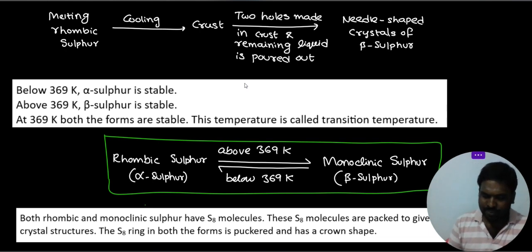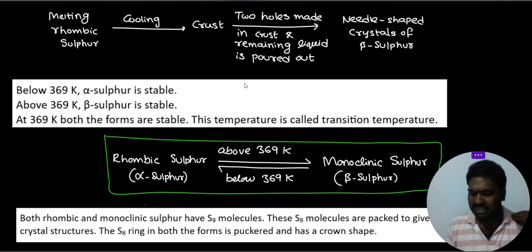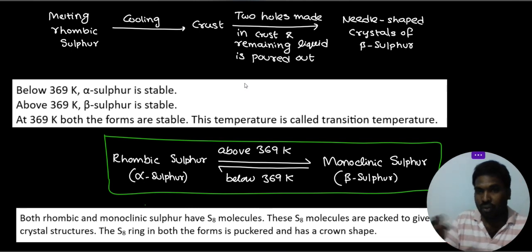Just observe here, rhombic sulfur is in equilibrium with monoclinic sulfur. Rhombic sulfur means alpha sulfur, monoclinic sulfur means beta sulfur. Now just observe, above 369 the forward direction means monoclinic sulfur, that is beta sulfur, is more stable.